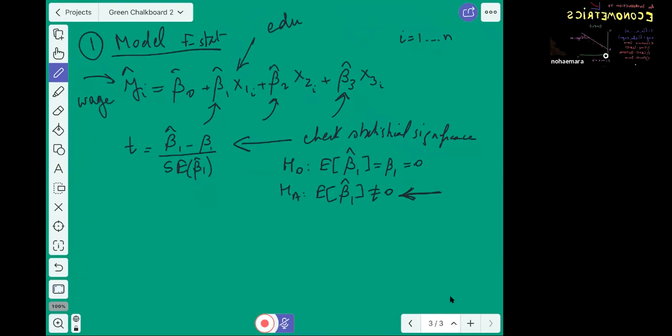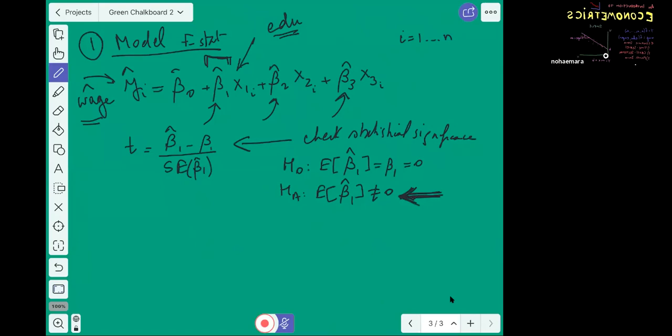I'm sure that my education has a statistically significant impact on the variation of wages, right? So I'm 100% sure that beta 1 is supposed to be statistically significant. So if I reject the null, I'm here.